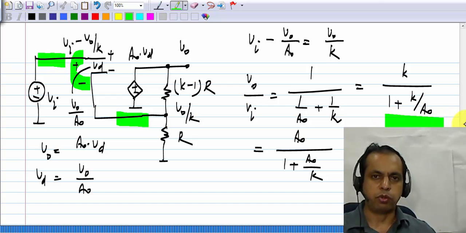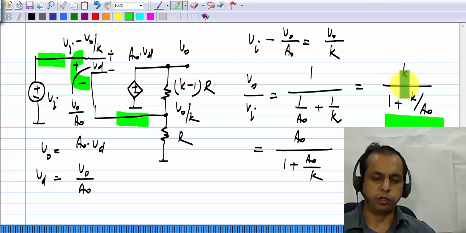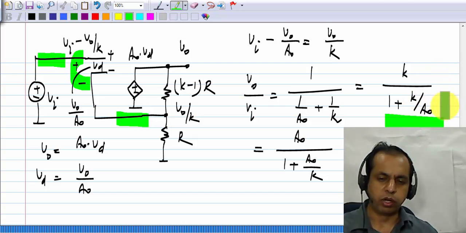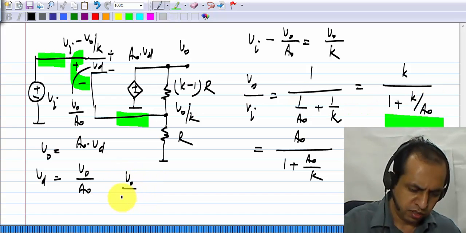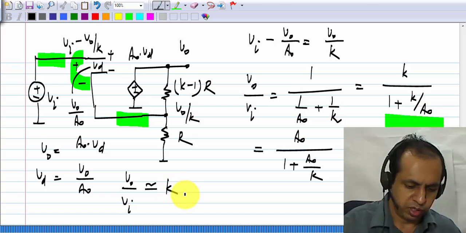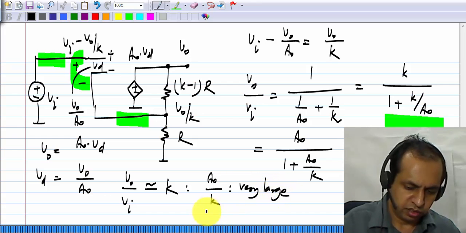I will use this form, and in this you have K, the desired gain in the numerator, and something in the denominator, and you can see that the denominator approaches 1 if this K by A naught goes to 0, or A naught goes to infinity. So V naught by Vi is approximately K if A naught by K is very large.